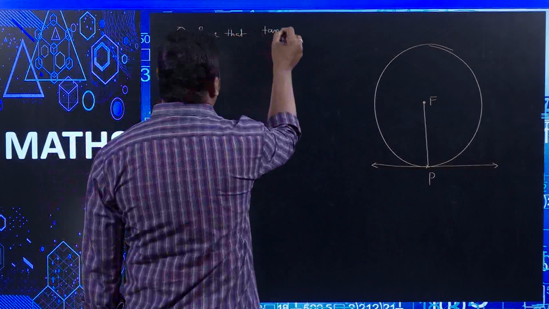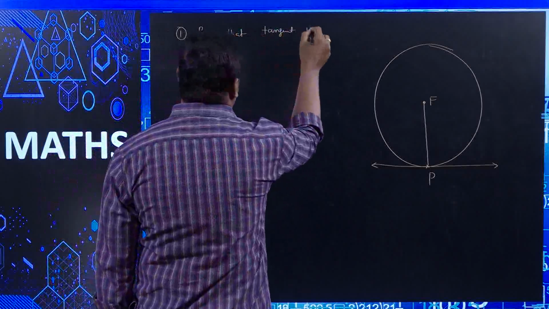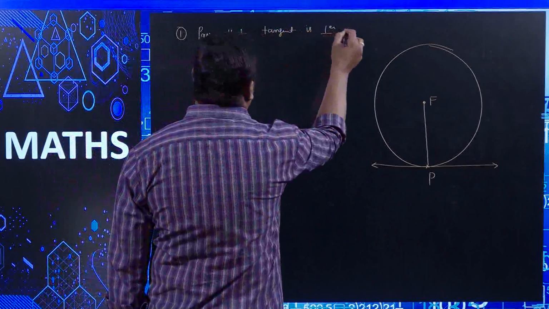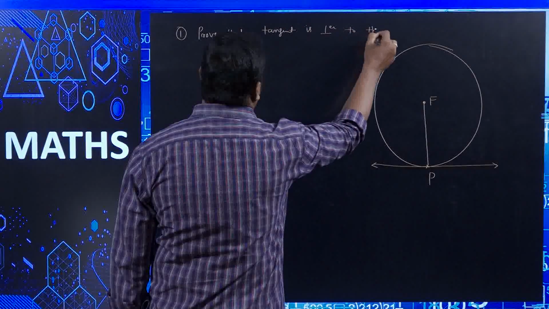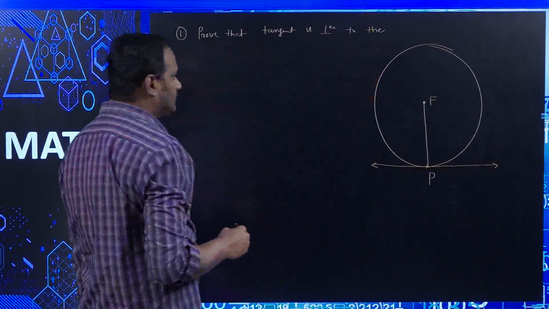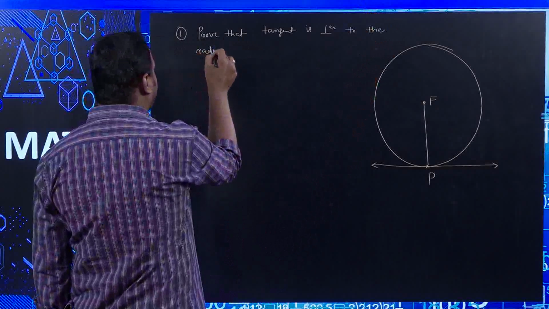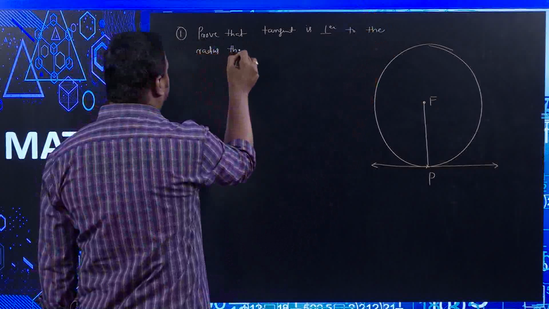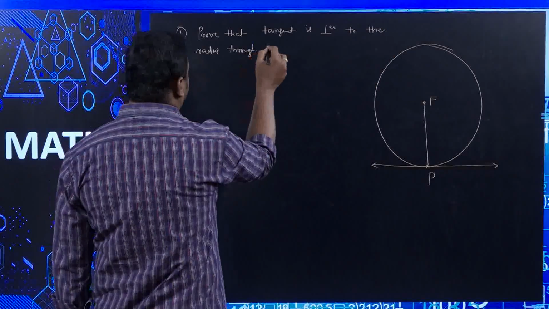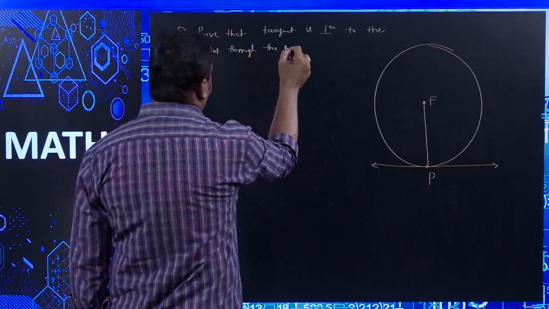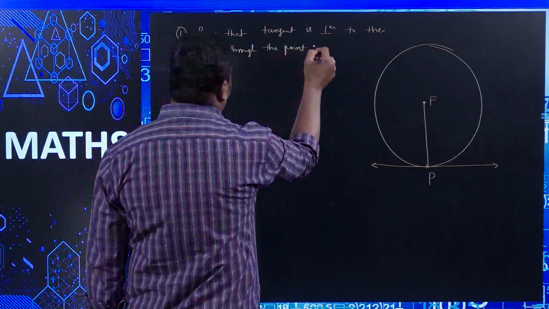tangent is perpendicular to the radius, or the radius is perpendicular to the tangent. So prove that the tangent is perpendicular to the radius through the point of contact.